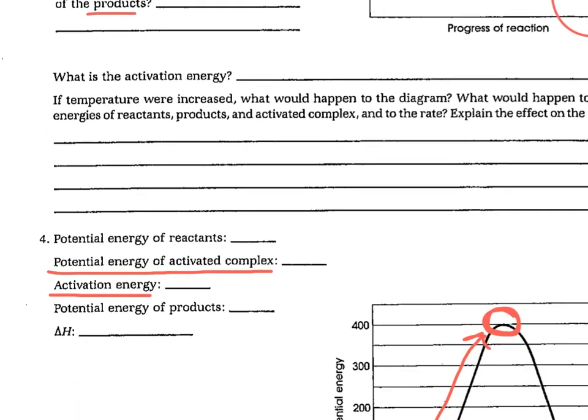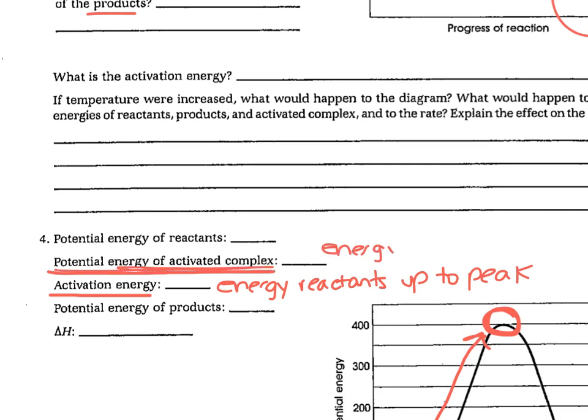So you might want to make yourself a note there. Activation energy is the energy to get from reactants all the way up to that top peak. And then the potential energy of the activated complex is the amount of energy when we're at that top peak, when we're activated already.